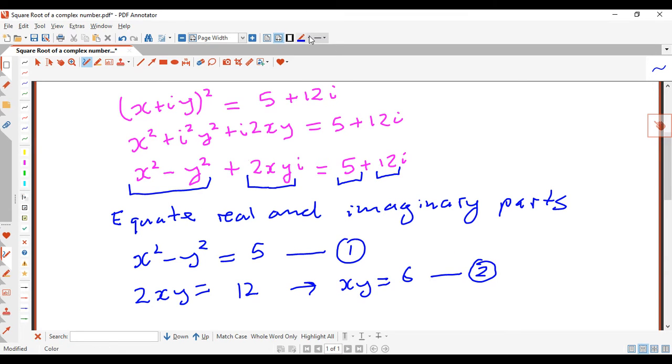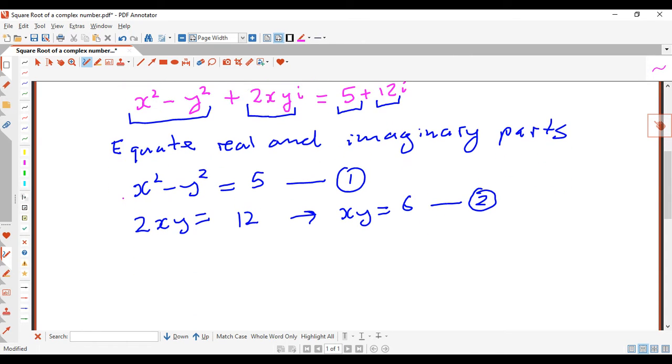All right, now there are two methods we can do to continue. First method is called the method of inspection. So let's write this down as method 1. Right, this is the inspection method.